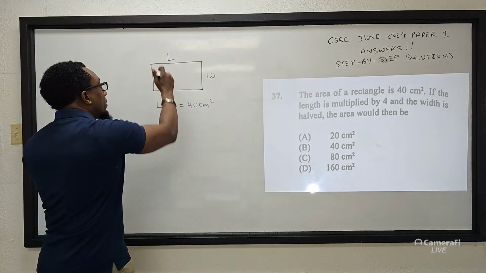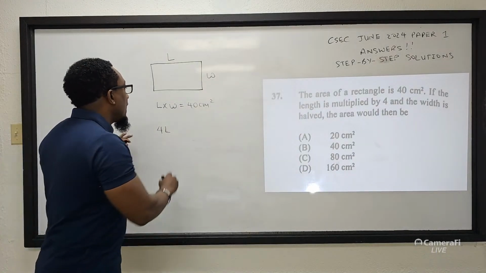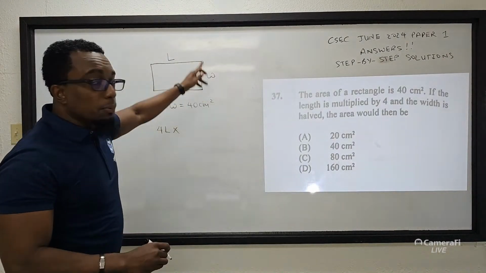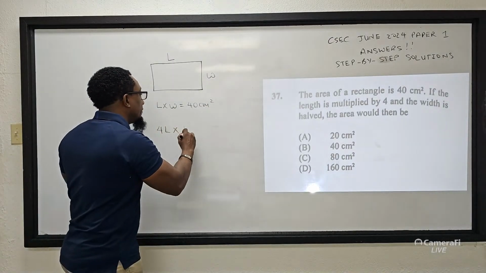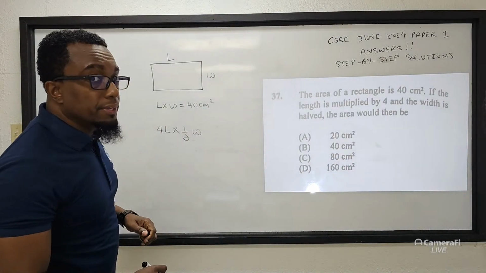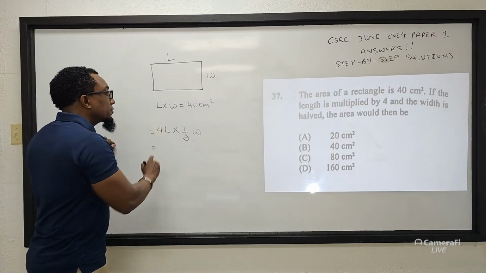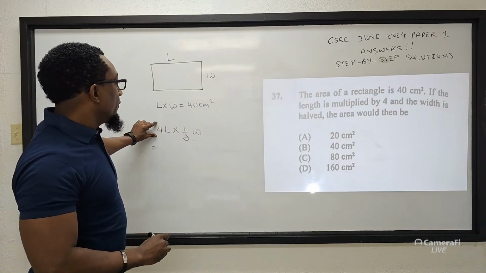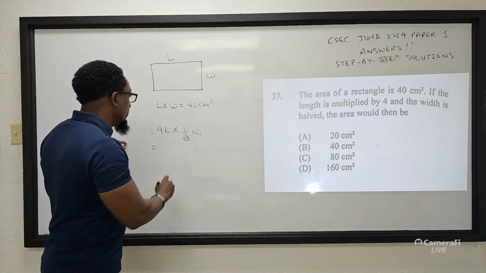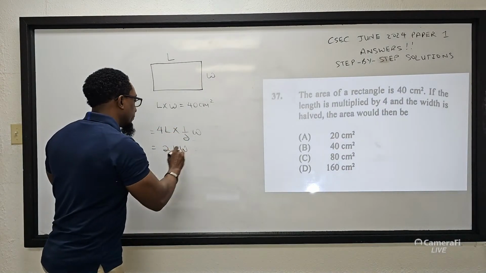So the length becomes 4L, and times the width, which is half, so that's a half W. Then what's the area of the rectangle? This can be simplified: 4 by a half is 2, and L by W is LW.